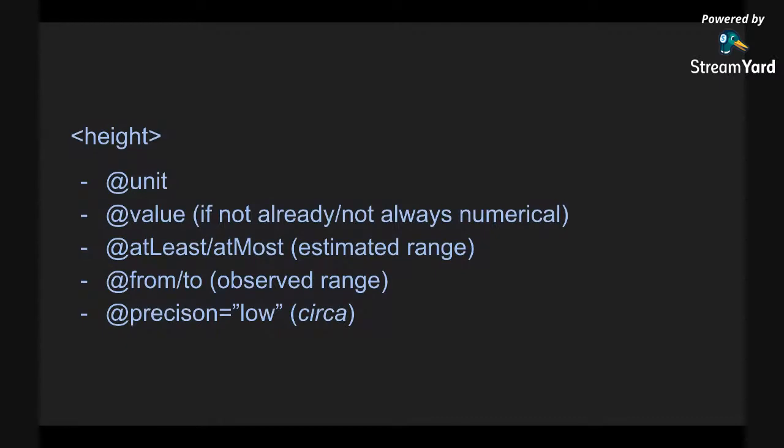We've seen the unit attribute telling us whether that's meters, centimeters, inches, kilometers, etc. The other attributes that you can attach to height, some of these have been discussed in the dimensions discussions in previous tutorials, but just briefly, you can attach a value attribute to it if you want to make sure that there is always a numerical value on this.